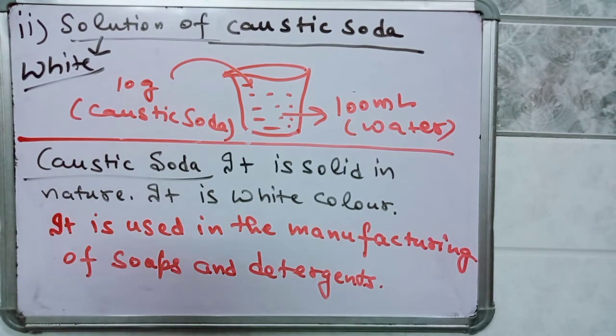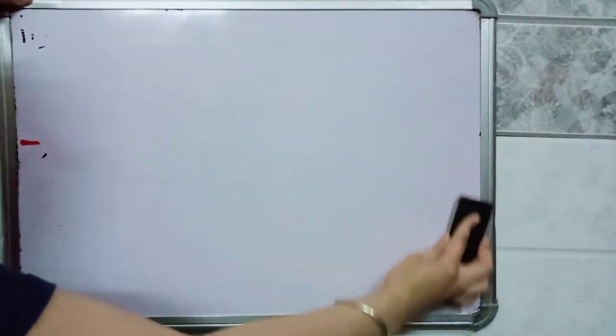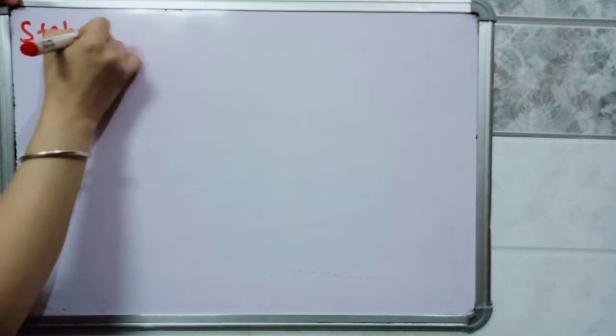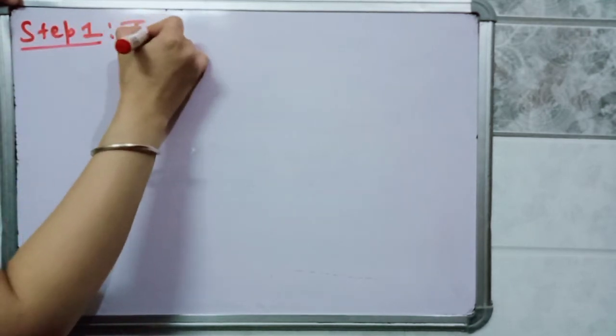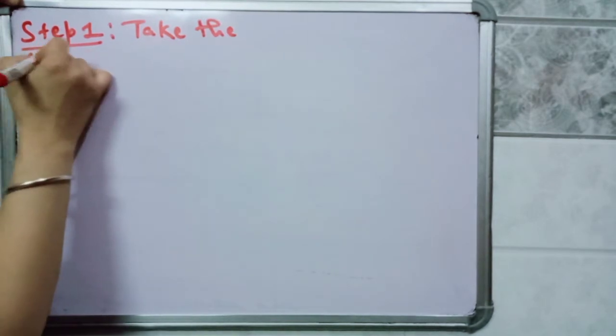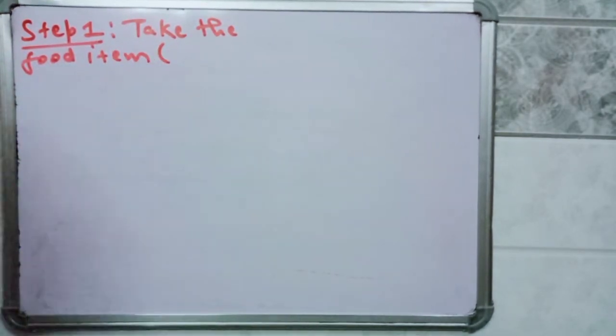Now we are going to discuss how to test the presence of protein in foods. So step 1 is, take the food item in which you want to test the presence of protein.